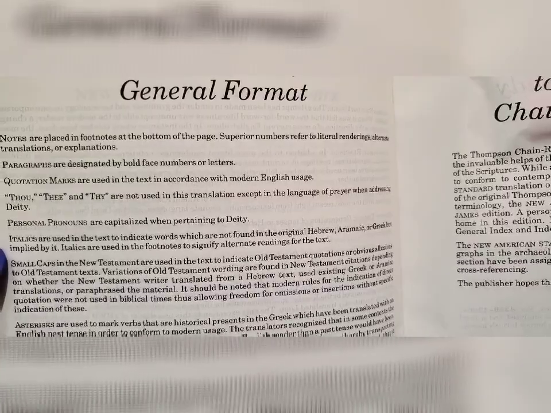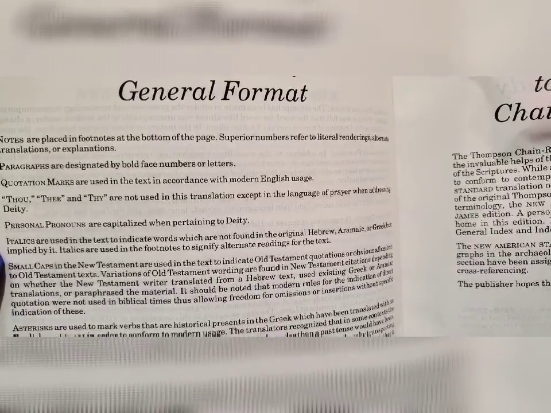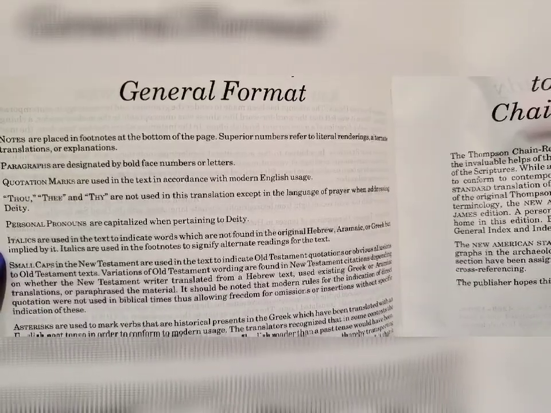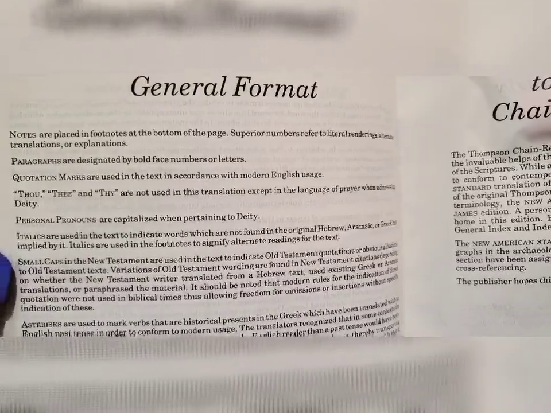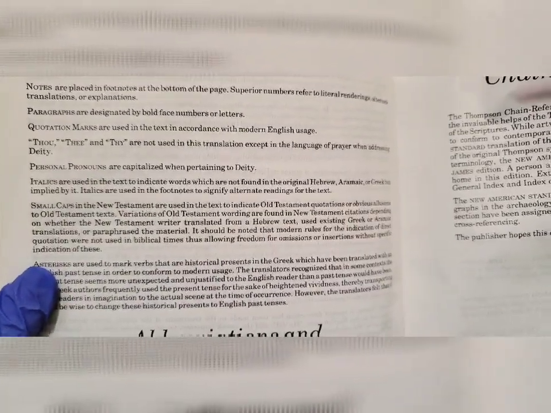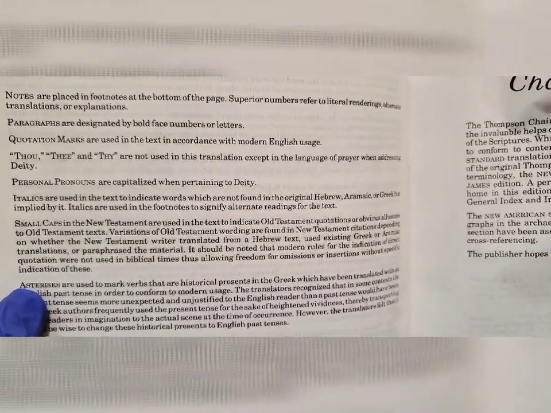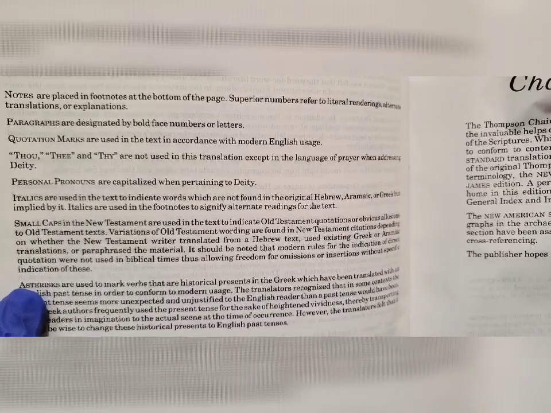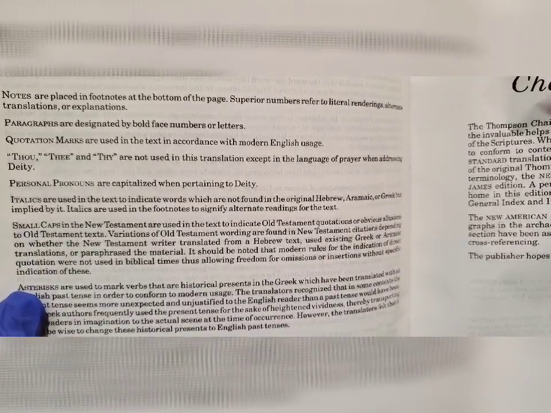Or in the footnotes, they use italics just to signify alternate readings for the text. Okay? And some small caps in the New Testament are used in the text to indicate Old Testament quotations or obvious allusions to Old Testament texts.